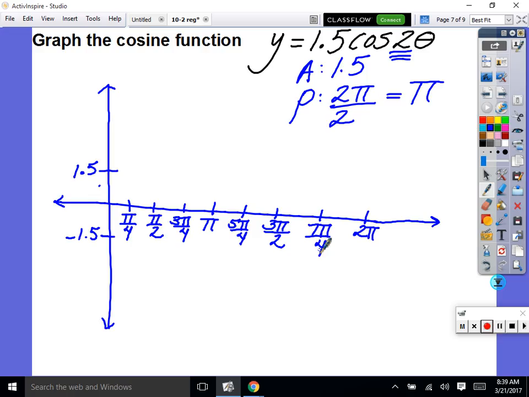Now the cosine part, drawing in the cycles is easy. Remember, for cosine, our 5 points start, they make a C. Max, 0, min, 0, max. So here we go. Max, next point, 0, next point, min, next point, 0, next point, max.